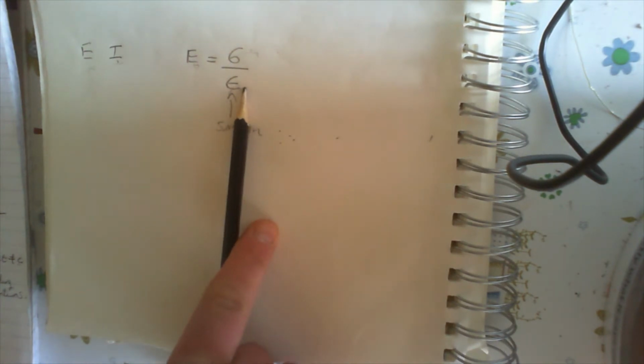Right, I want us to think about Young's modulus and the second moment of area. Young's modulus is a ratio of the stress divided by the strain. Now if you think about this, the smaller the strain is going to be, the bigger Young's modulus is going to be. And what does a smaller strain mean?